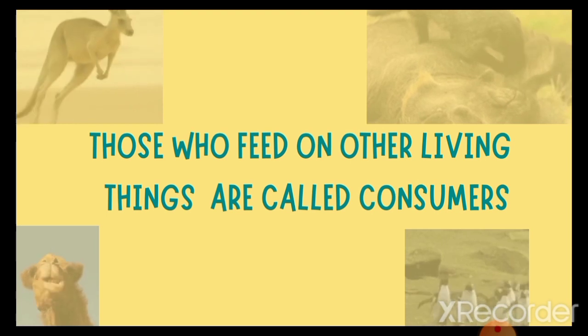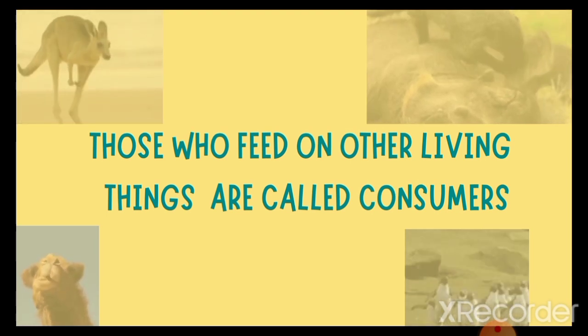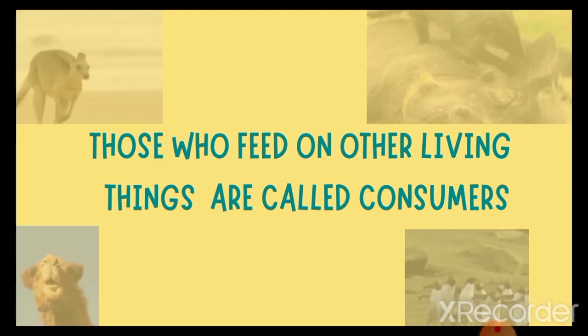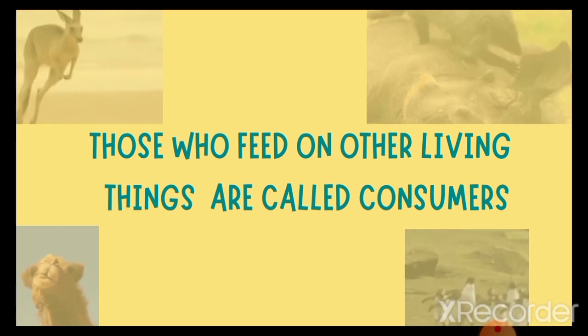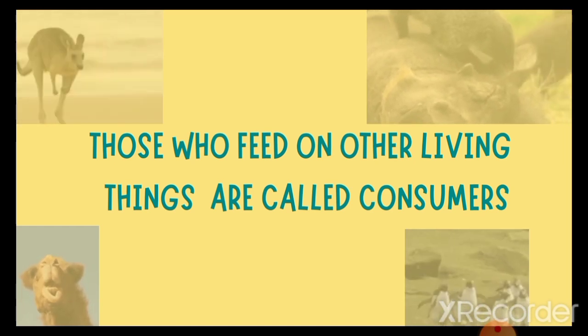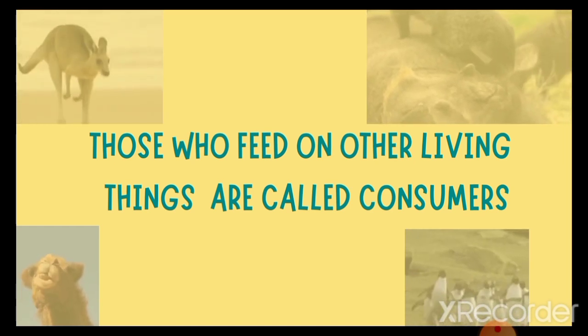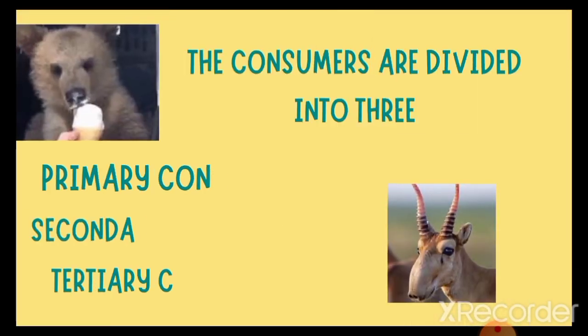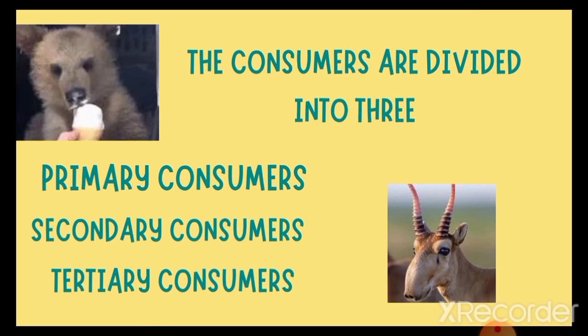Whereas there are some living things that cannot make their own food but depend on other plants and animals for survival, and they are known as consumers. The consumers are usually divided into three types: the primary consumers, the secondary consumers and the tertiary consumers, and we shall look at them one after the other.